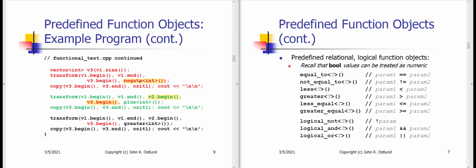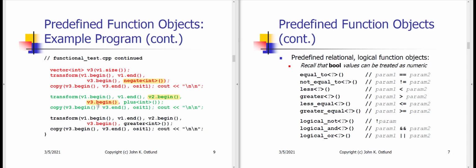And then the final one is the functional that we want to apply, which has to be a unary operator. But if I give 1, 2, 3, 4, 5 parameters to transform instead of 4, remember that we can do overloading in C++, and so the compiler is able to tell the difference between the version of transform that takes 4 arguments versus the version of transform that takes 5 arguments.